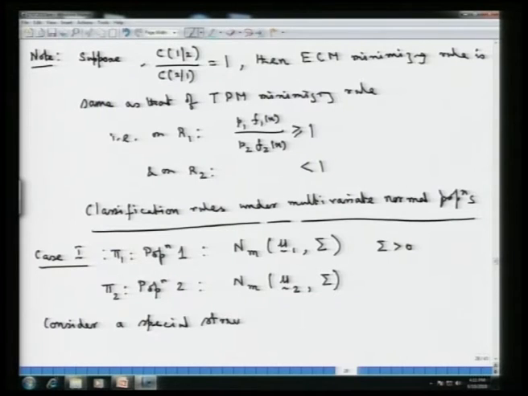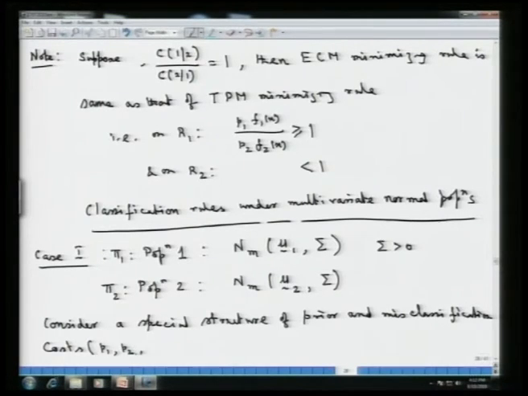There is a point why we are looking at this special structure of prior and misclassification costs.